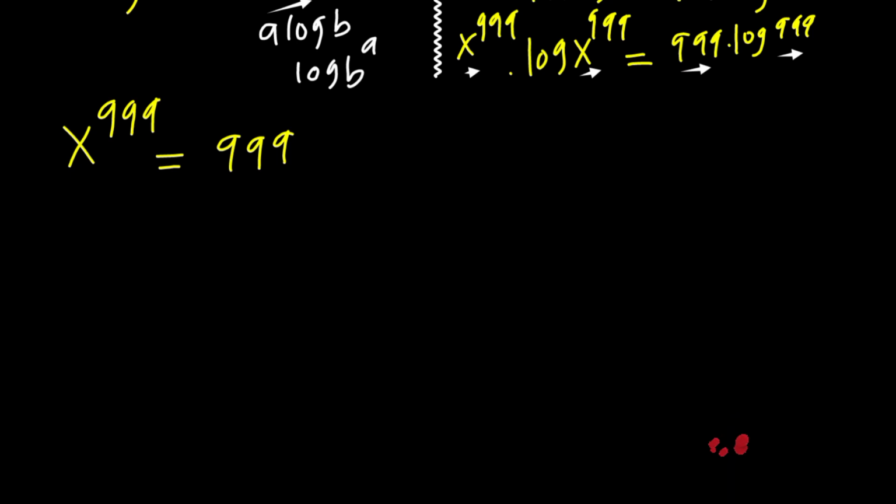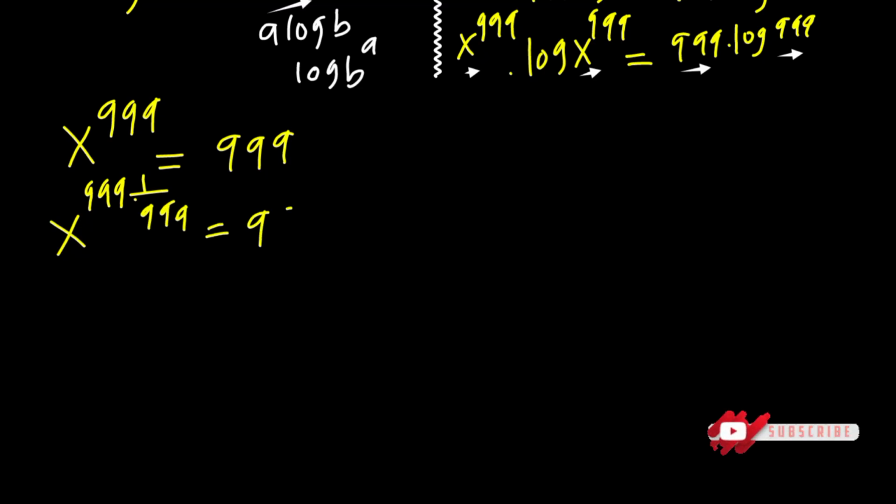999. So from here now, we can go ahead and multiply the power of both sides by 1 all over 999, and that gives us 999 all to the power of 1 times 1 all over 999.